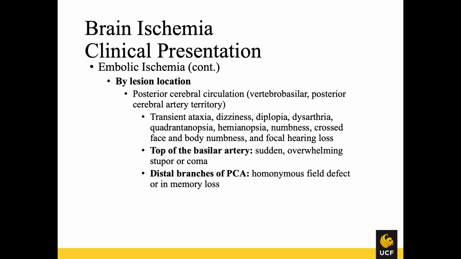We already talked about the top of the basilar artery, that being more likely to be an embolic event, sudden overwhelming stupor or even coma, and then the distal branches of the PCA, homonymous field defect or memory loss is what you see. So again, these visual changes, these ataxic events, more likely to occur in a posterior occlusion than an anterior occlusion.